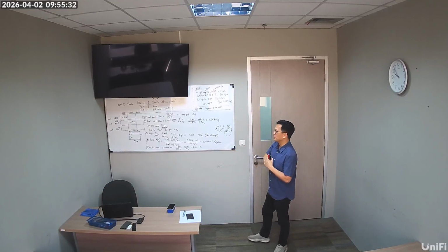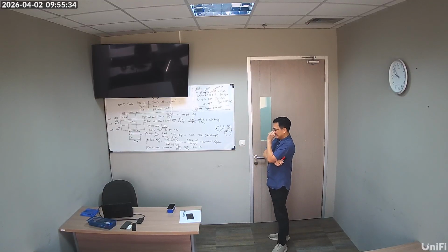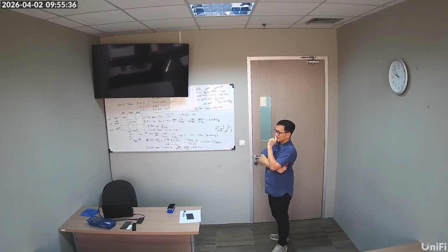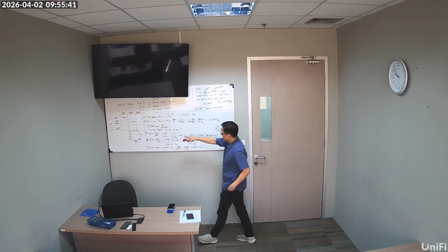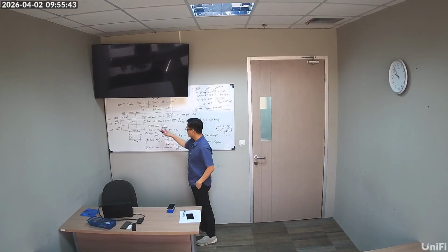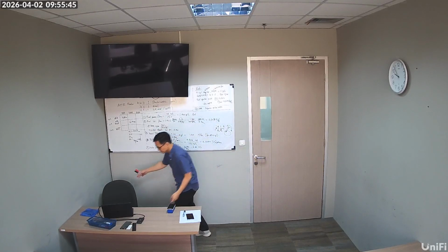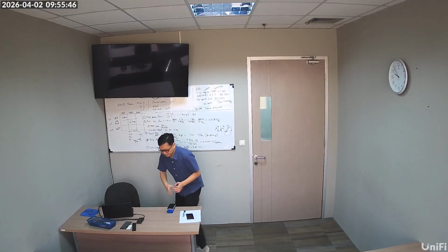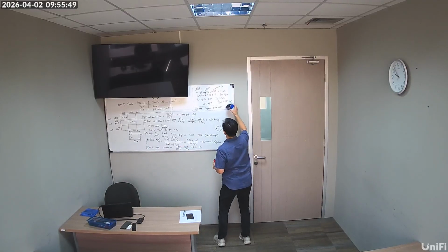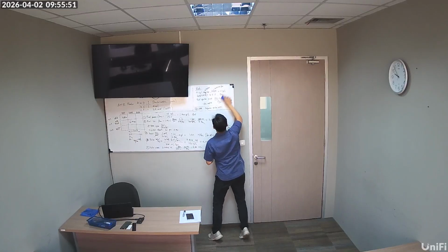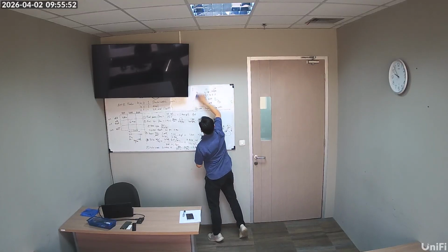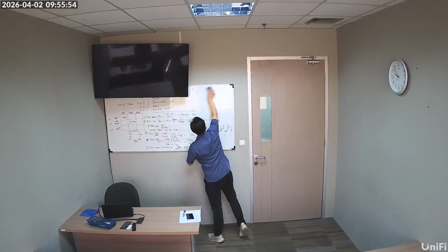Say for 3000 RPM. So 3000 revolutions per minute, divided by 60 seconds. Okay, so that's revolutions per second. We need a bigger whiteboard.